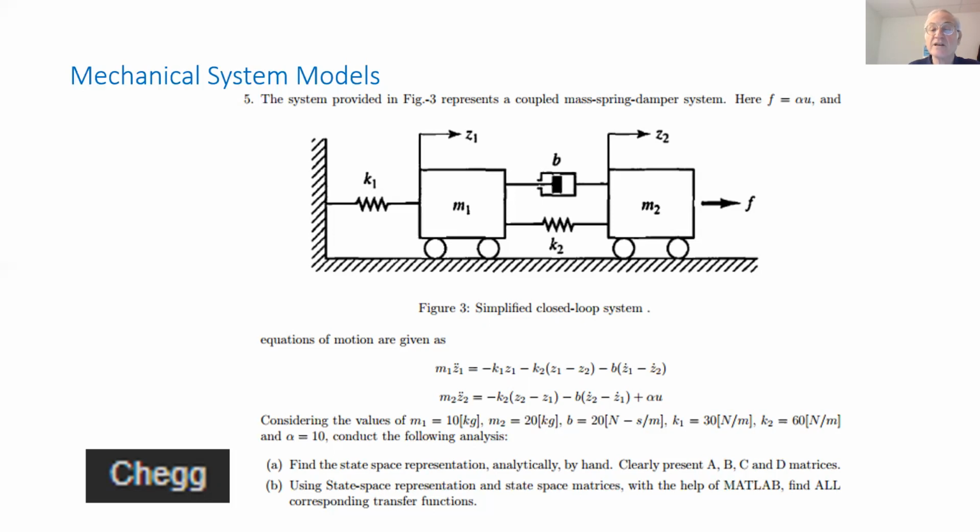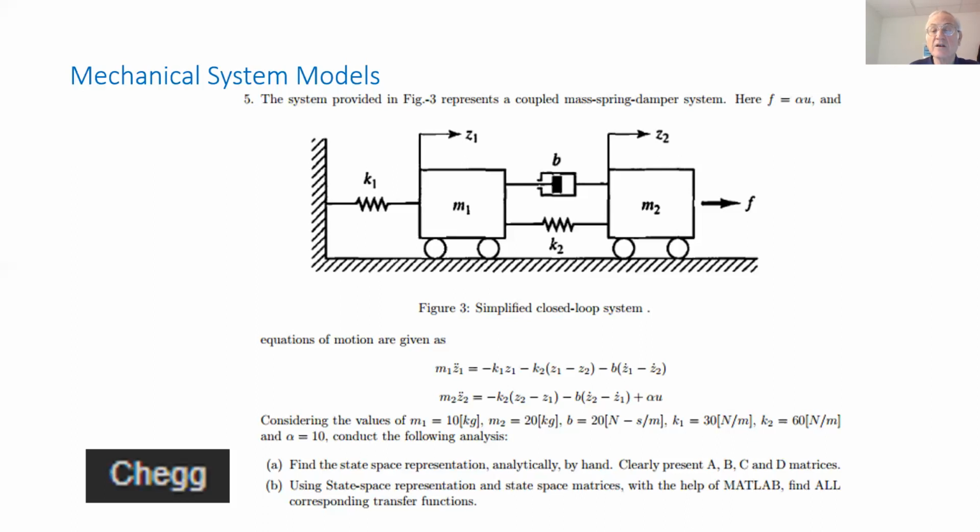That's why we see over here Z1 minus Z2, opposite direction with a minus, times K2. And similarly, the damping is going to be related to the velocity difference between Z1 and Z2. And we see over here minus B, the damping coefficient, times Z1 dot minus Z2 dot.